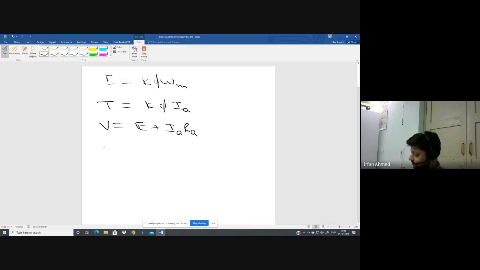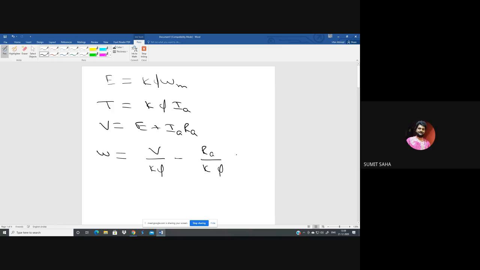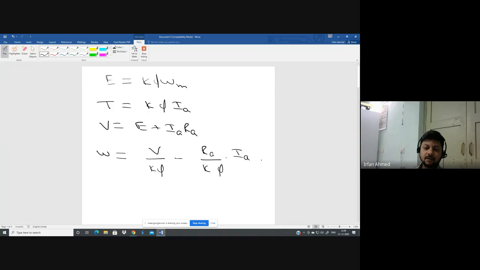Okay. We have also seen that the motor speed omega is equal to V upon K phi minus Ra upon K phi Ia. Correct?